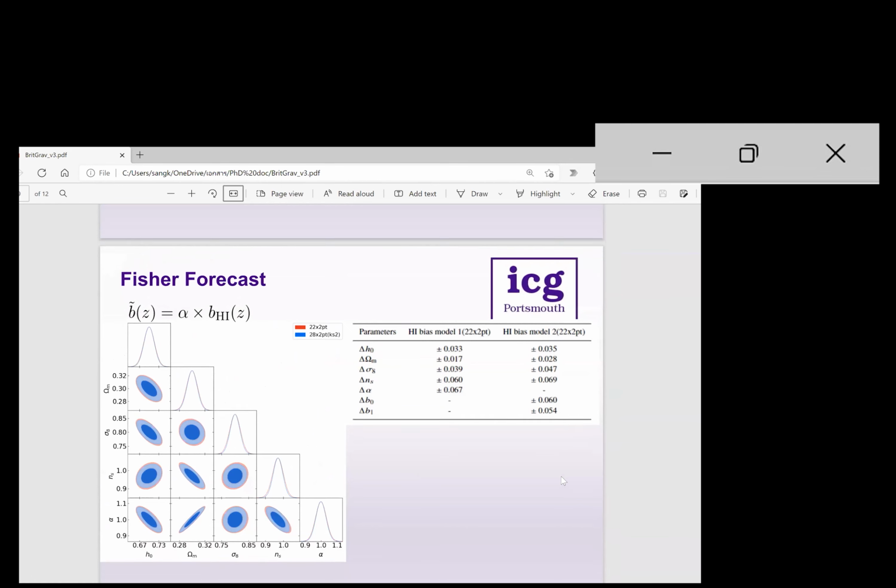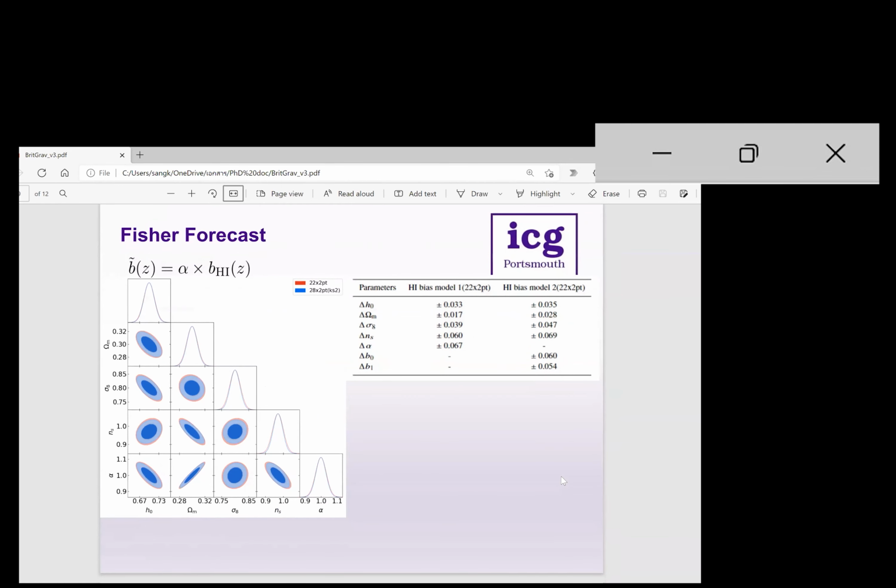From the result we can make a cosmological forecast using the Fisher forecast, and here is the 2 sigma level of confidence.